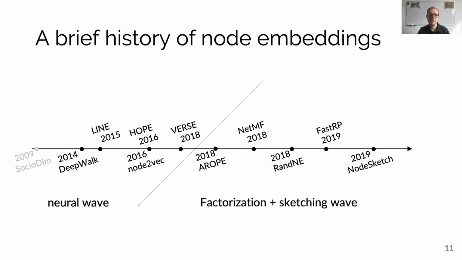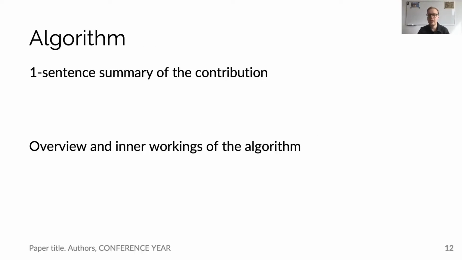I would call them the neural wave and the factorization and sketching wave. The second appeared a bit later, although the first paper in matrix factorization for node embeddings appeared in 2016. It was HOPE.